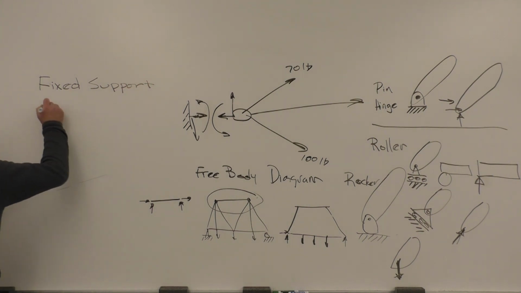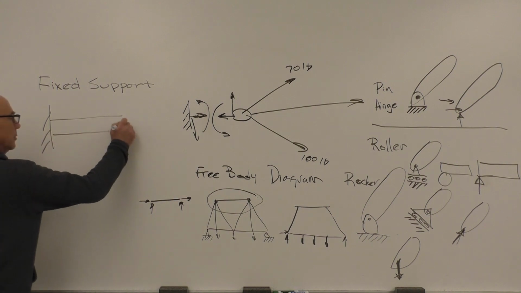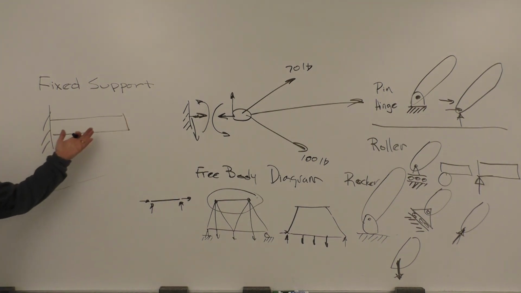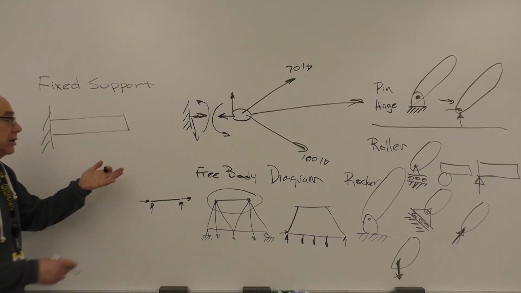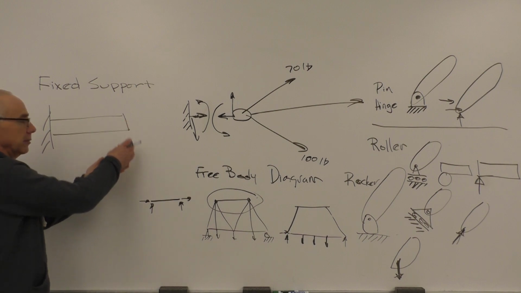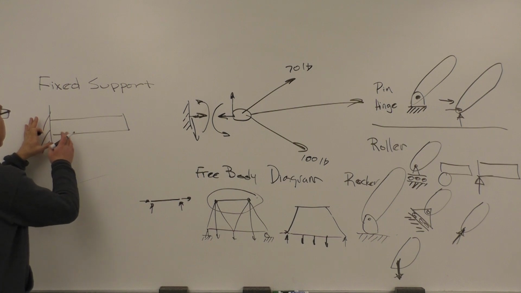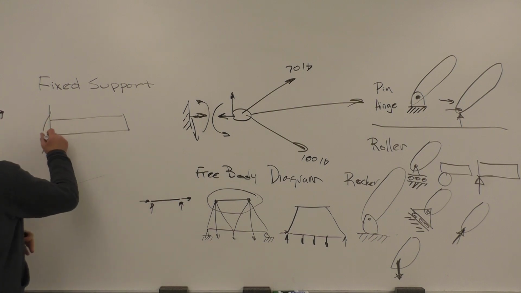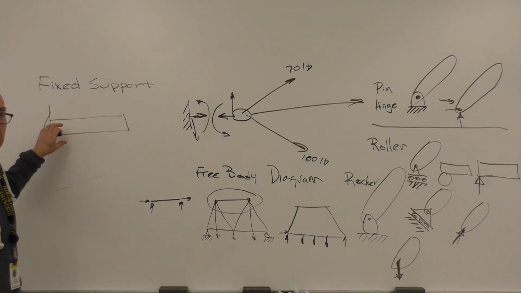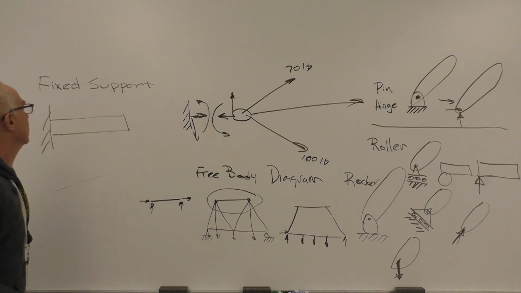A fixed support would be a situation where you have something like this, and this would be like a cantilever situation, right? You have no support for this thing down at this end, but somehow this thing is holding this up because this is bolted in. And you could imagine that you have like a bracket or something in here, or maybe this is actually screwed into the wall.